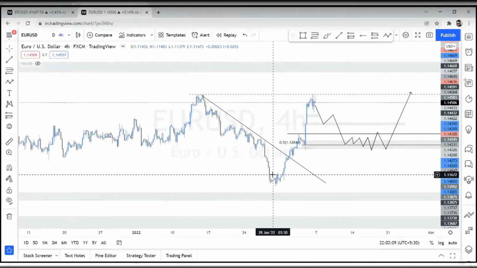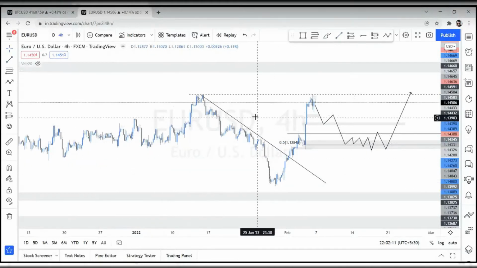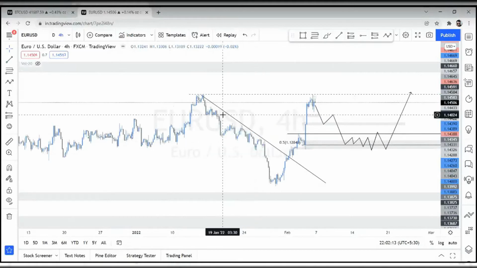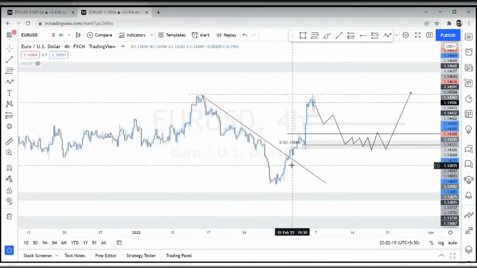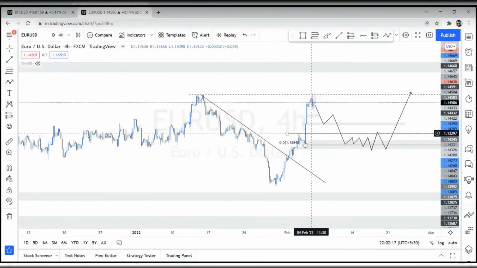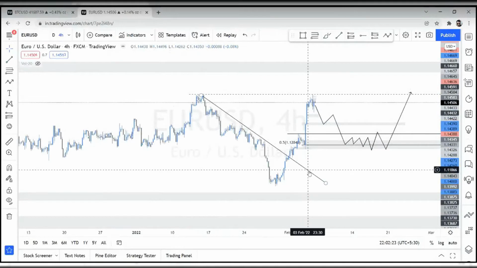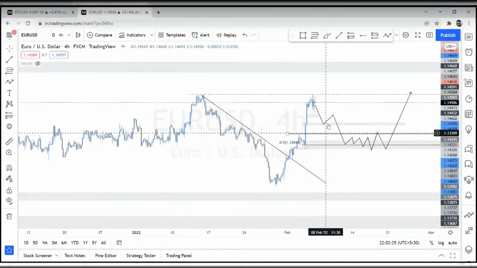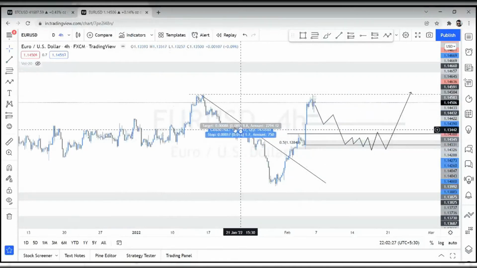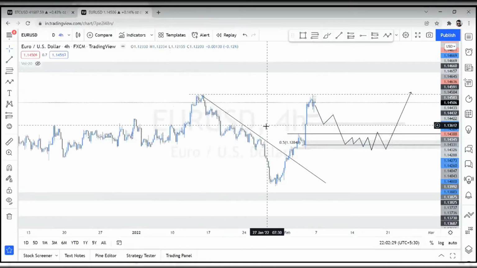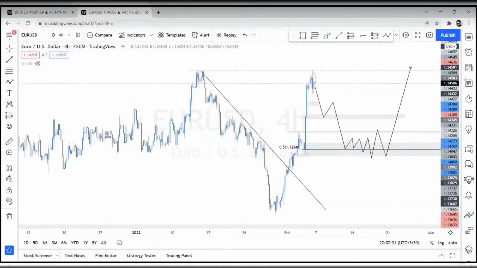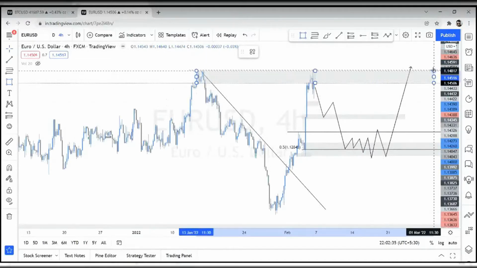But when they have enough orders selling this trend line, they just break it, taking out all the stop losses above this. So this is the liquidity, and what this move is doing is fulfilling all the imbalances left in this area. At the same time, it is coming to mitigate the order block right here.